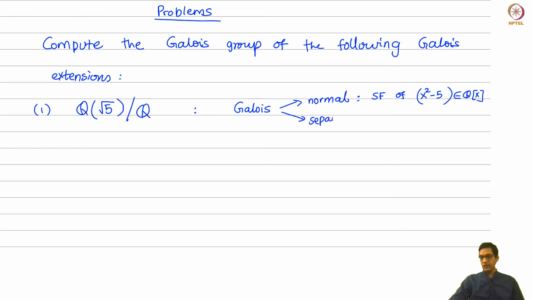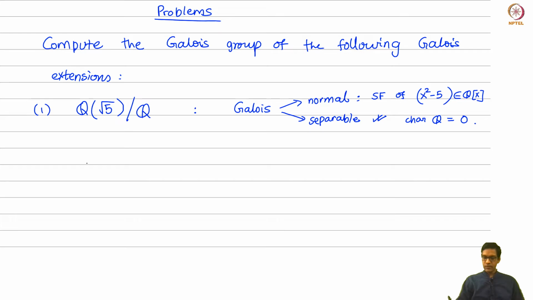And separable comes for free because the characteristic of Q is 0. Recall that if the base field is either characteristic 0 or a perfect field, then any algebraic extension is automatically separable. Okay, so what is the Galois group?